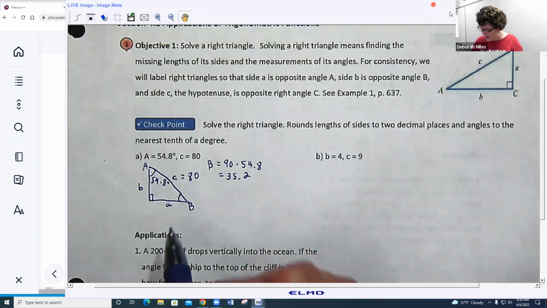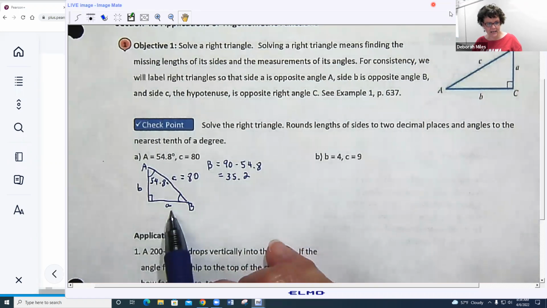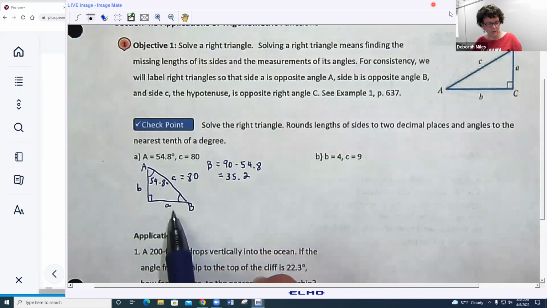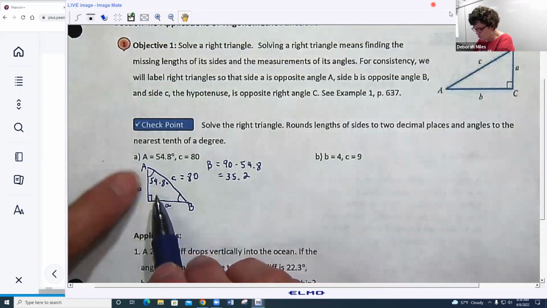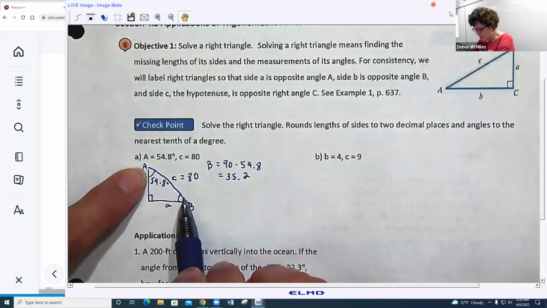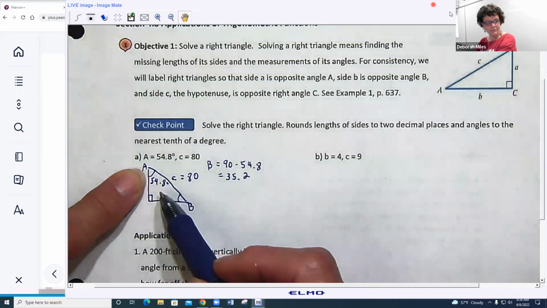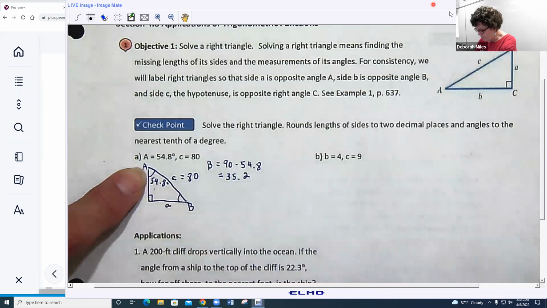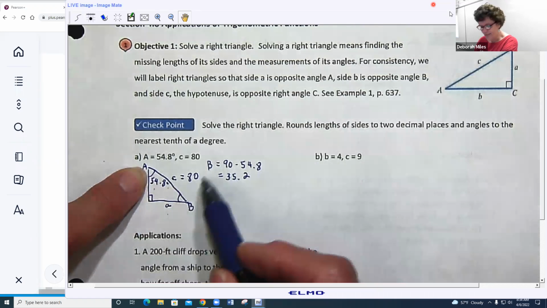When we're trying to figure out how to calculate a, we just think which trigonometric function would involve the side I do know and the side I'm looking for. I could either use angle A, or now that I know angle B, I could use it. But if I'm going to use A, which trigonometric function of 54.8 degrees would involve the thing I'm looking for and the thing I know?